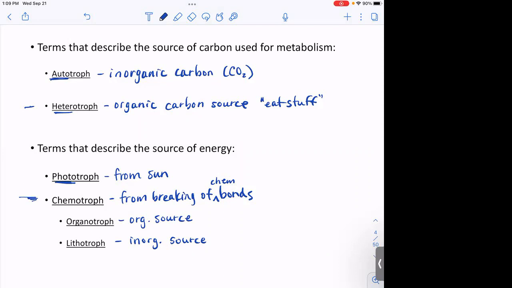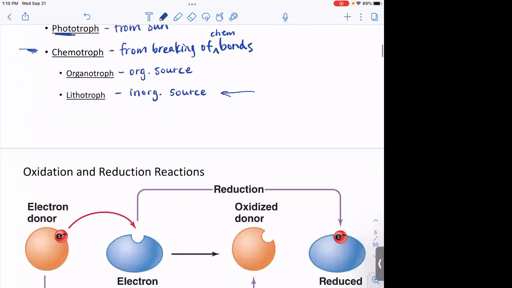So again, we squish those together. For most organisms, lithotrophs getting energy from an inorganic source is not common. It's only some bacteria that can do that, and they're not bacteria that cause disease. So we're not going to worry too much about that.